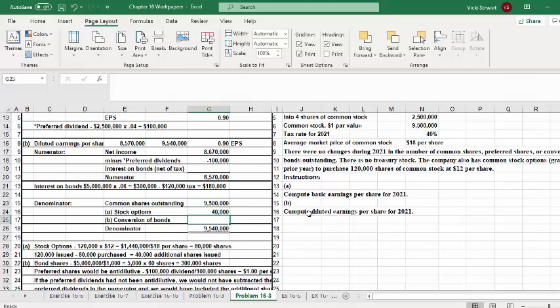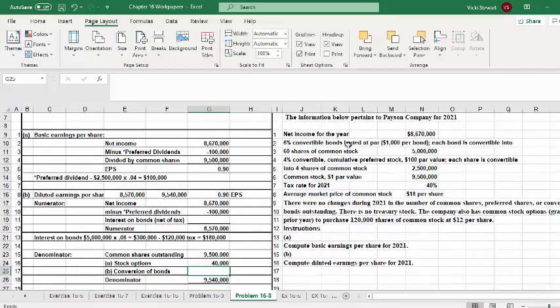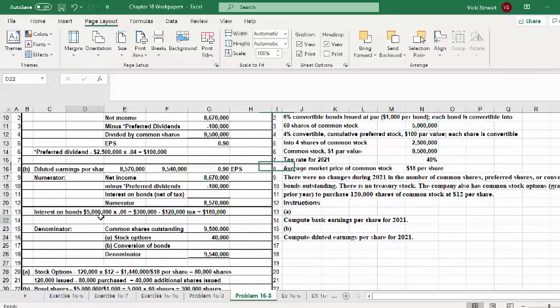Next, we're going to look at the convertible bonds. The problem told us that the convertible bonds are 6% and they were issued at par, and each bond is convertible into 60 shares of common stock. So first we're going to calculate what the numerator effect would be by taking the $5 million par value and multiplying that by the 6% interest rate, which would give us $300,000 of interest per year.